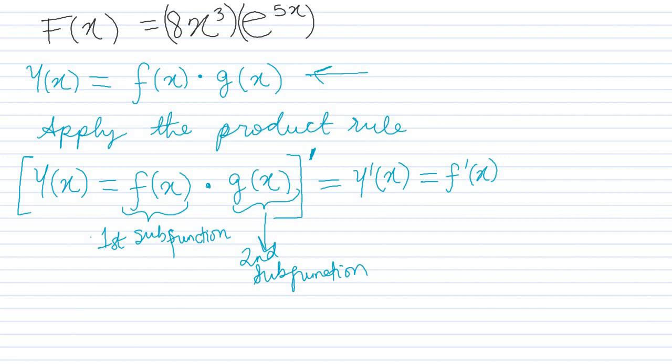So basically, you have the derivative of the first subfunction multiplied by the second subfunction that has not been differentiated, plus the derivative of the second function, g prime of x, multiplied by the first function that has not been derived. So just f of x.